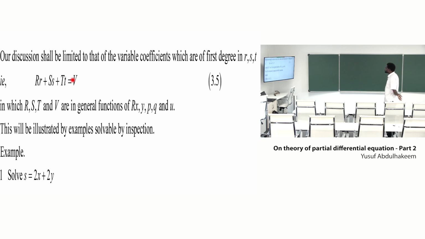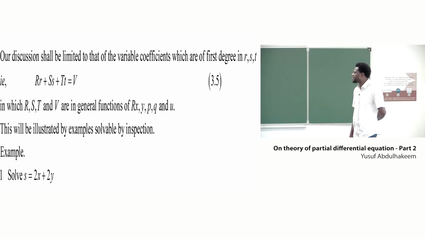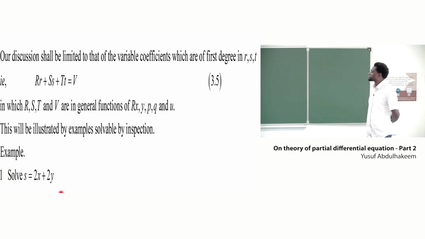So here we say that R, S, T, and V are in general functions of x, y, p, q, and u. This will be illustrated by a solvable example. Let's assume we are told to solve S equal to 2x plus 2y.